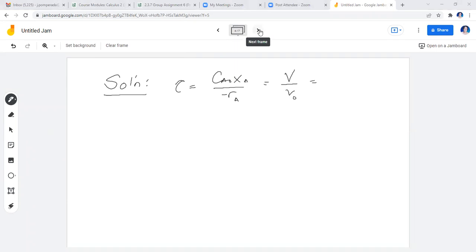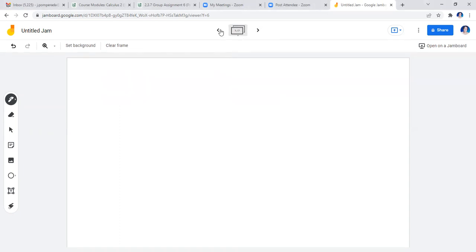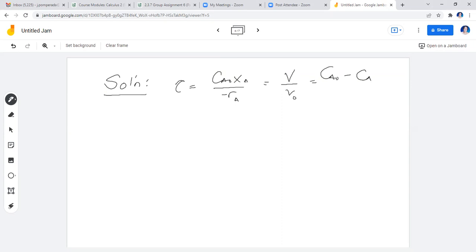Correct, Jericho. So you express your CAO XA this way: CAO minus CA, initial concentration minus final concentration, over the rate. Now, this is what we're going to do. So I'll have now for each of the runs, so I'll place here.